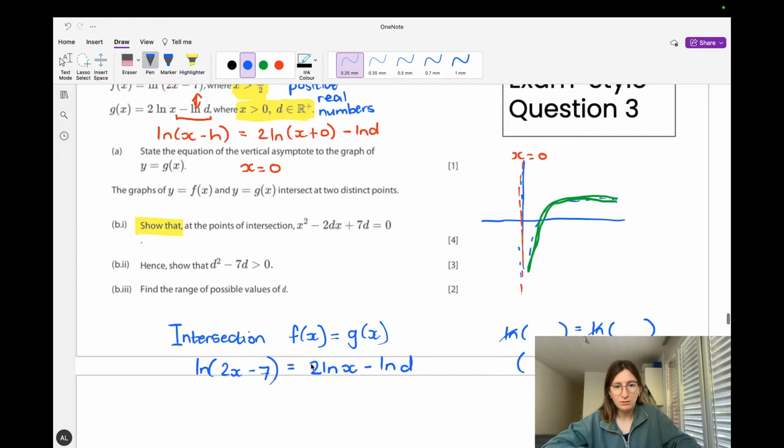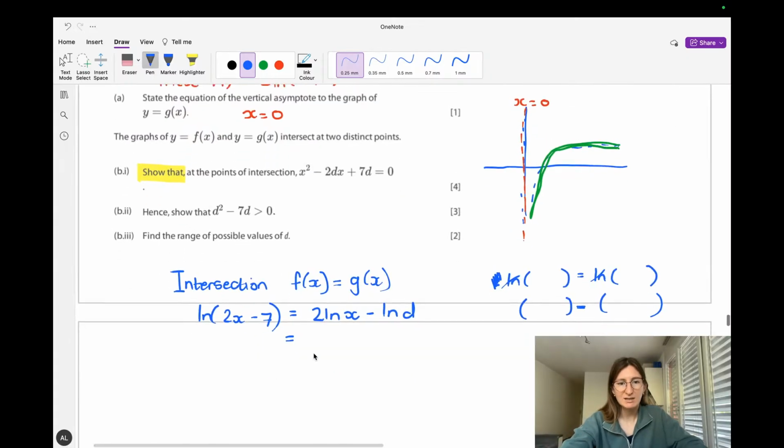So I need to get all of the stuff that's around them within those brackets using my log laws. I can't even have something like a 2 in the front there. Must have nothing around them, just log and then everything else in their neat little bundles. So this one's fine. That's in its neat little bundle. This one over here, we're going to need to do some log laws.